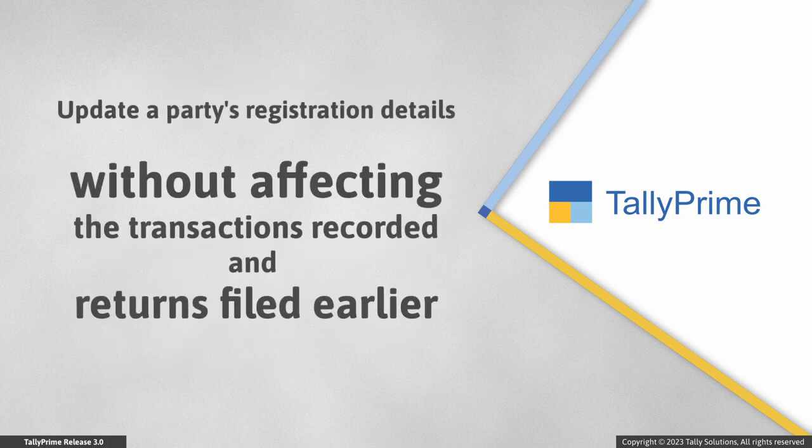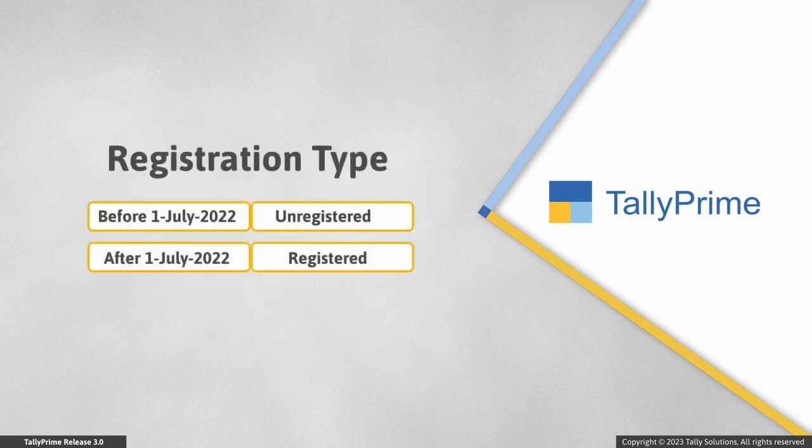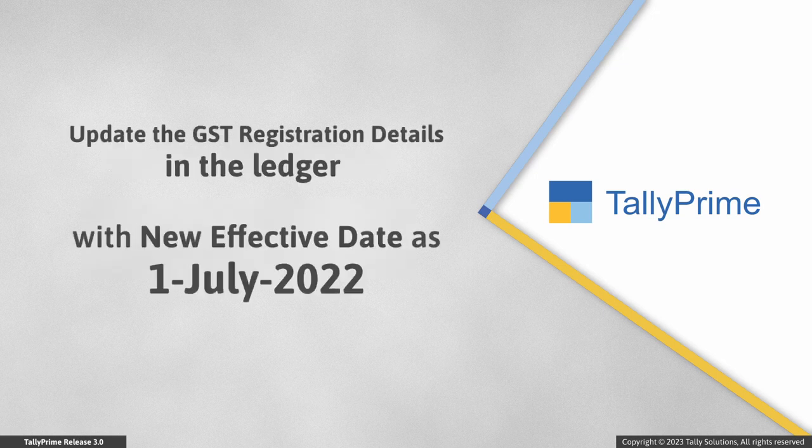With TallyPrime Release 3.0 or later releases, you can update a party's registration details without affecting the transactions recorded and returns filed earlier. Consider that an unregistered dealer is getting registered under GST from 1st July 2022. So you will need to update the registration details in the ledger with new effective date as 1st July 2022.